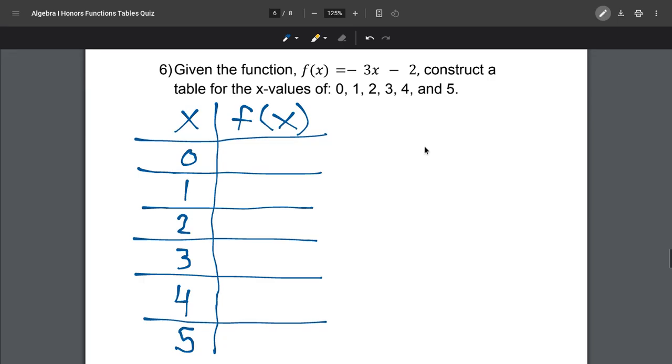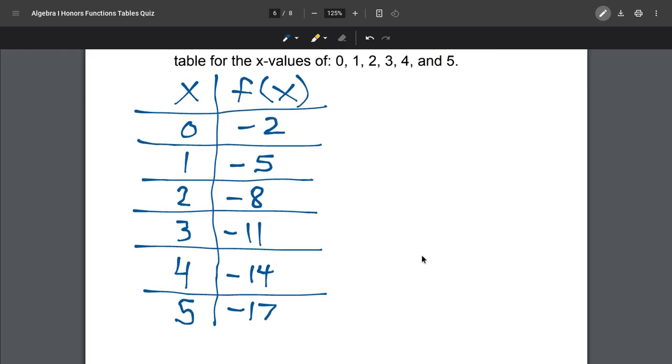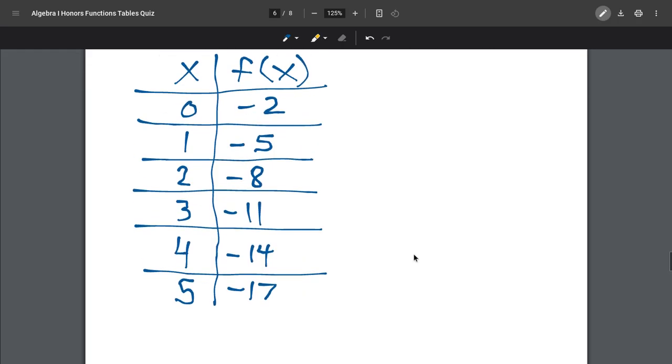All right, so our first value, we're going to have negative 3 times 0, which is 0, minus 2. We can just take the second part, which is our intercept, so we can just put a minus 2 here. And we know what the slope is, negative 3, so we're going to decrease by 3 each time. So we're going to go to negative 5, negative 8, negative 11, negative 14, and negative 17. And that's it for our table for problem 6.